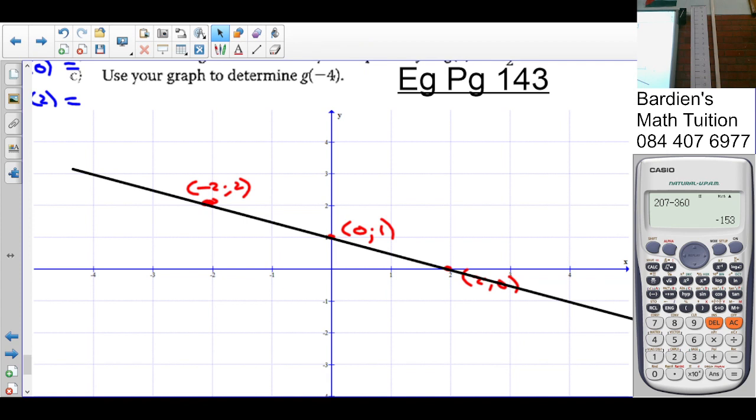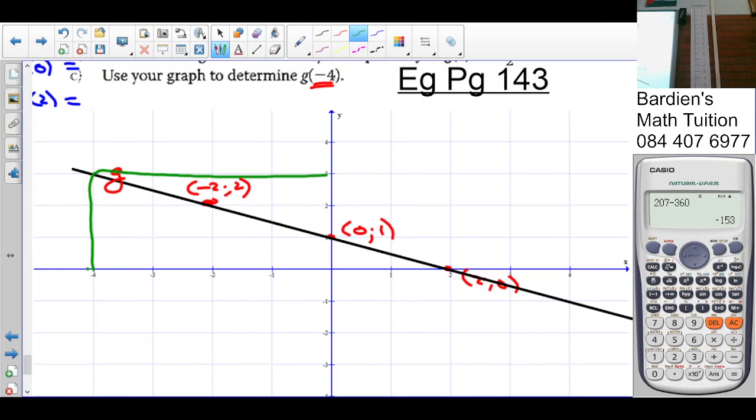This is the graph of g of x. Use your graph to determine g of minus 4. So what is this, an x or y value? It is an x. What we do is you go on the graph at minus 4. So g of minus 4 is equal to what? 3. Can you see that?